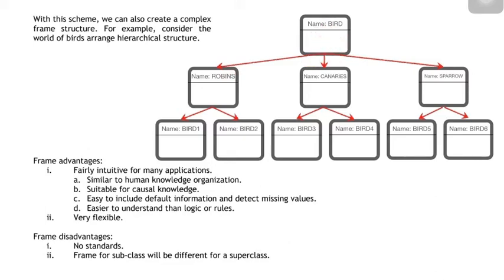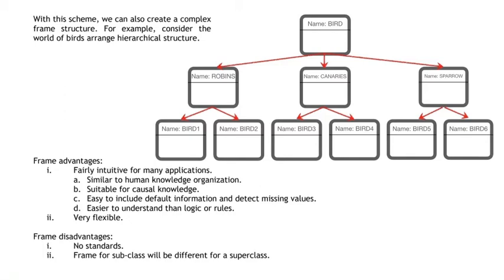Frames have lots of advantages. They actually ease the process of representing knowledge compared to semantic networks. They are fairly intuitive and represent knowledge more naturally, like how we do it every single day. Frames are also similar to human knowledge organization, and suitable for causal knowledge.